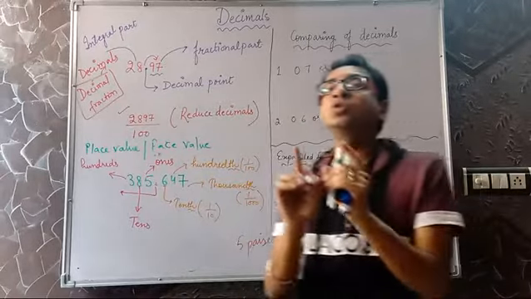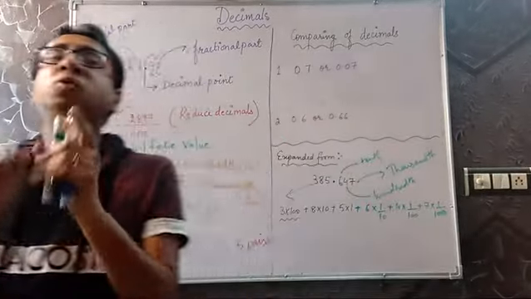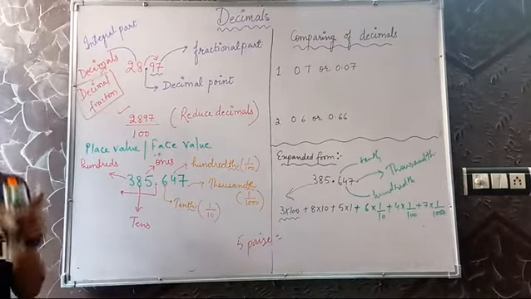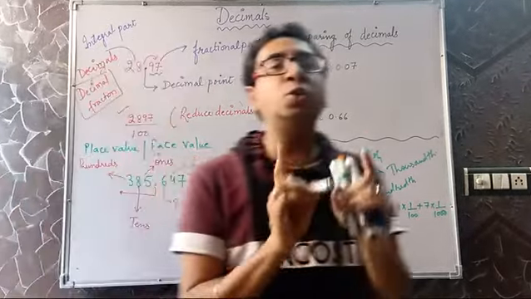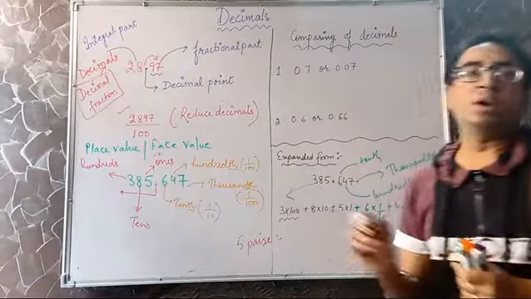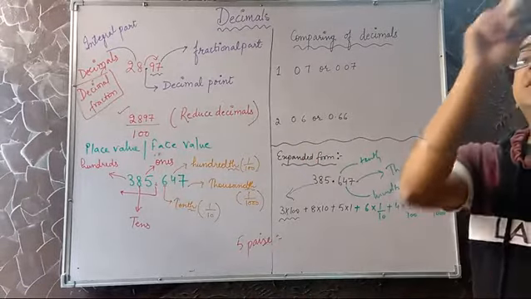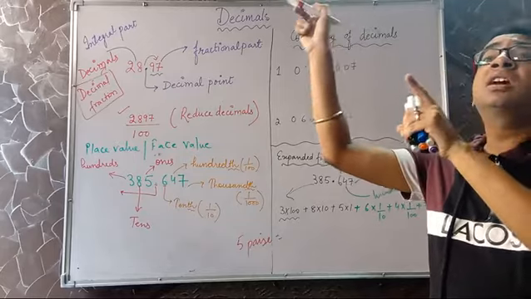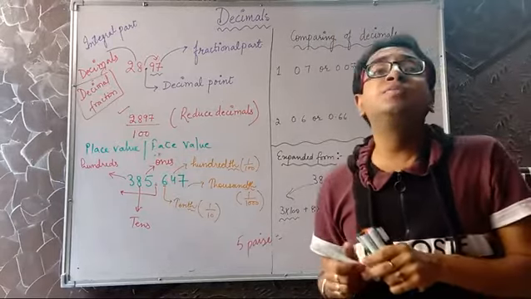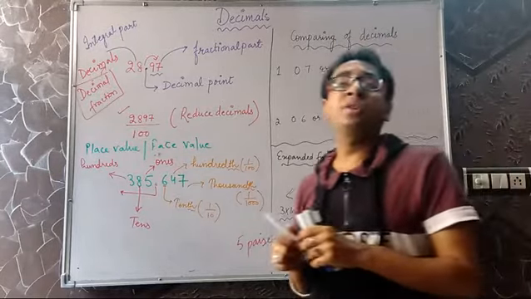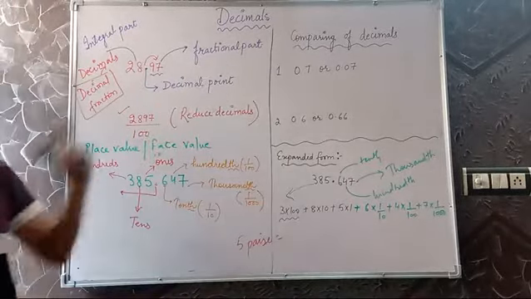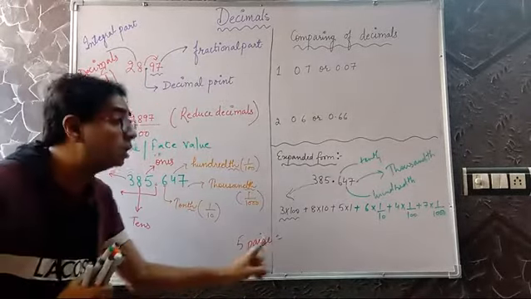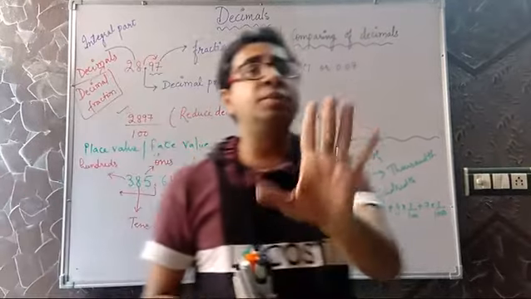Decimals are used to convert smaller into larger. This is very important. Larger into smaller you will study in higher classes. We use logarithms for that. That is quite different. Forget about that. Just concentrate on decimals. From smaller to larger, we always use decimals.